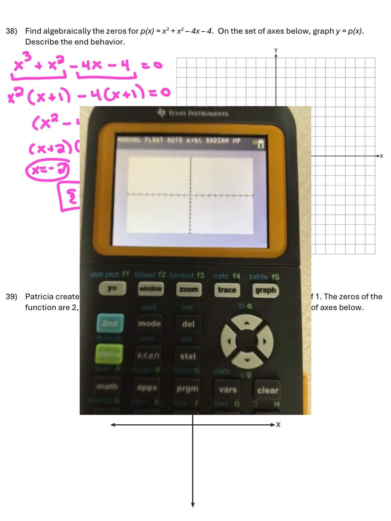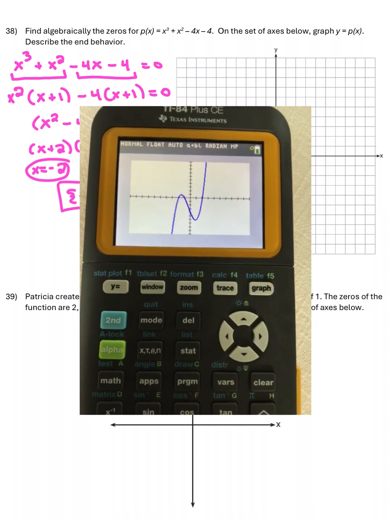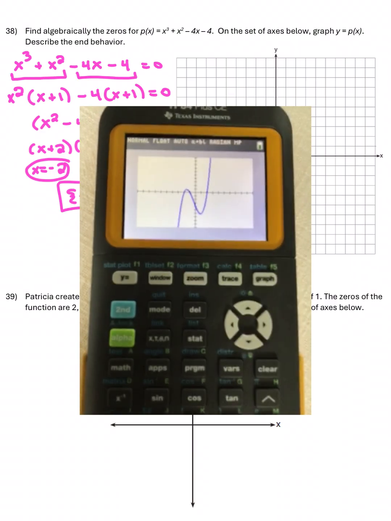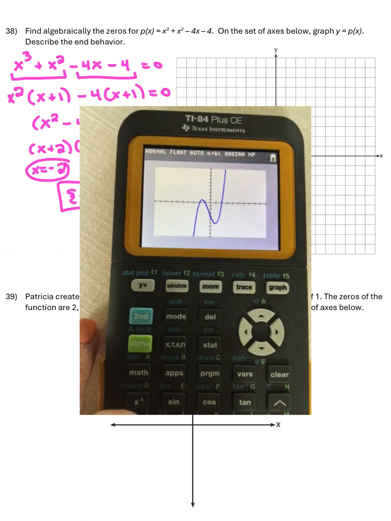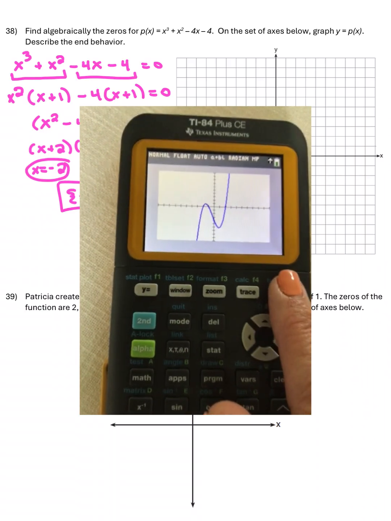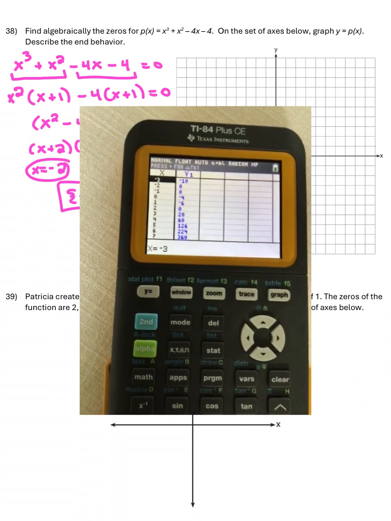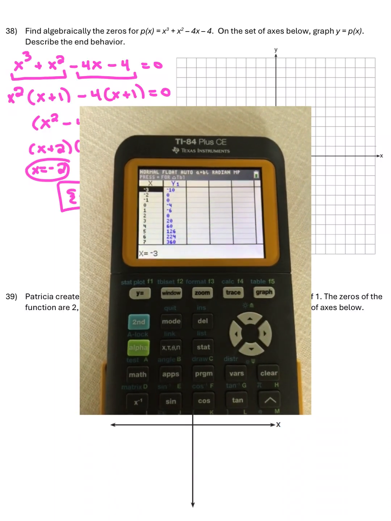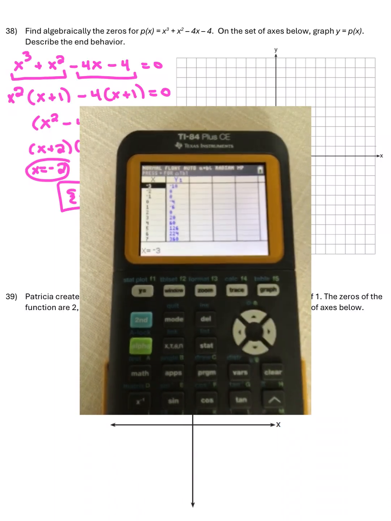But whenever you graph something, I like to look at the table of values because that tells me what points we want to plot. So you're going to hit second and then graph, second graph, and that'll give you the table of values. You want to plot any values that fit on that set of axes.